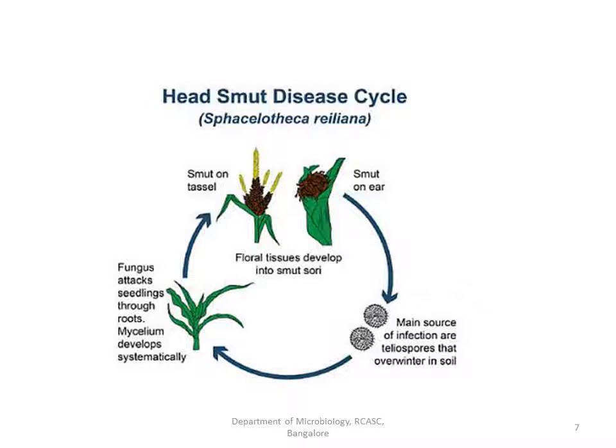This diploid cell can infect the germinating seedling through the root system, and later the mycelium develops systemically. The mycelium can grow into the entire part of the plant, but it concentrates more on the meristematic tissue, that is the apical meristem, because that is the region where the inflorescence production happens.